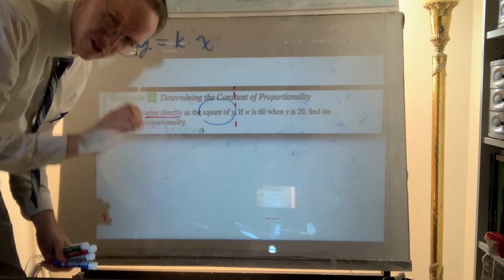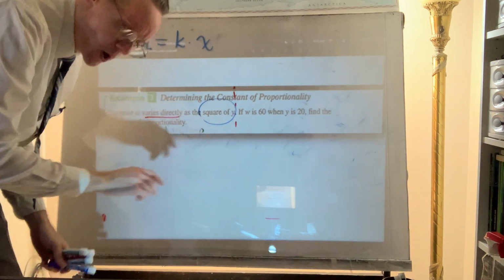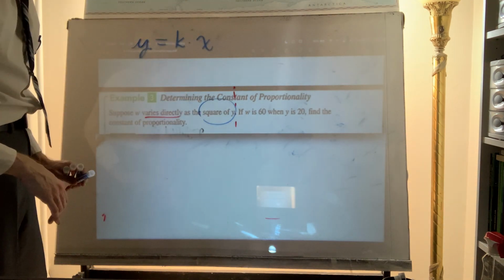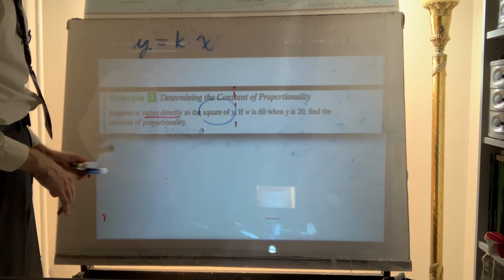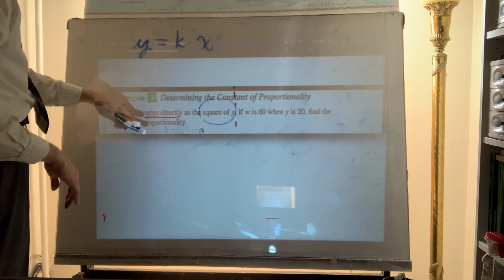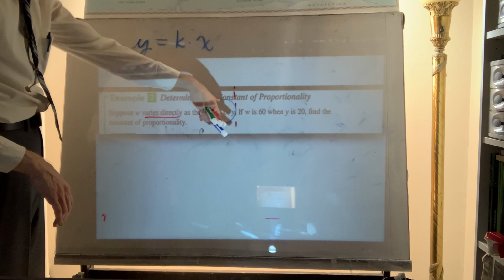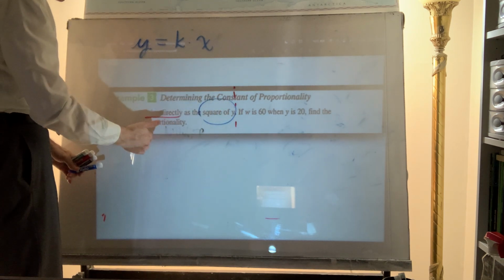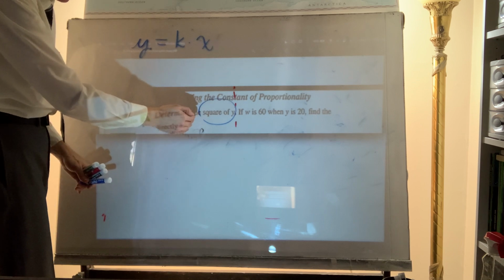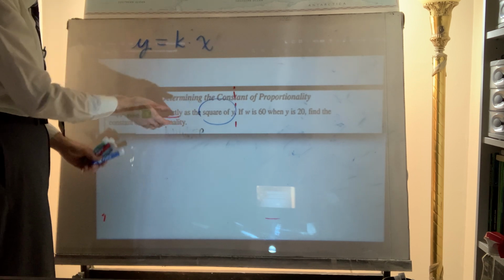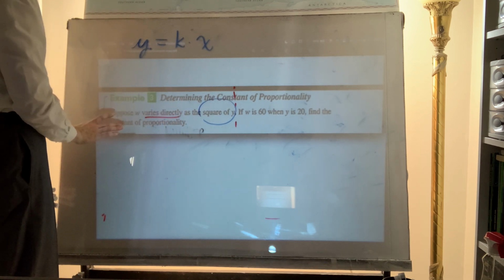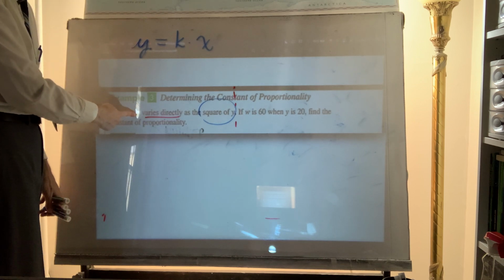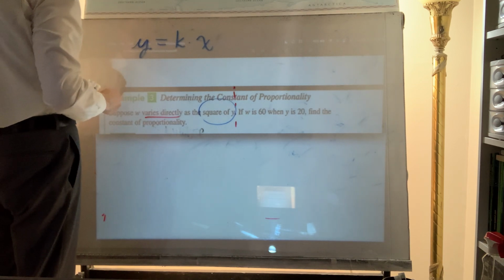They're using the slightly more vague way to talk about direct variation. Rather than say Y is directly proportional to X or W is directly proportional to Y, they're using "varies directly as," this alternative way of speaking. Anyhow, it's mostly intuitive. This shows up in your face first.